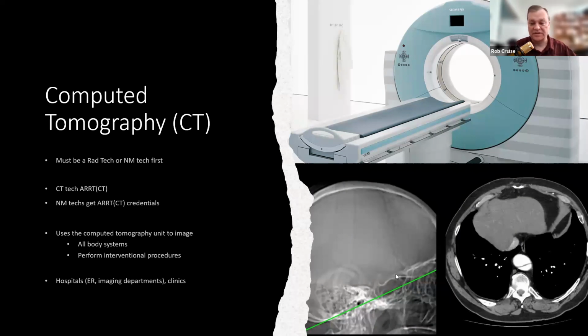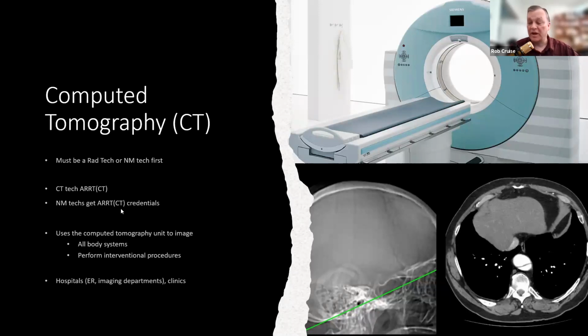This is a scout for a head CT, and the CT slice is going to go through here. So when they actually take the image, you'll be able to see all the bones and soft tissues in that slice. Okay. All right, and people that work in here are ARRTs, and often you will have ARRT, which is radiography, plus CT as well.